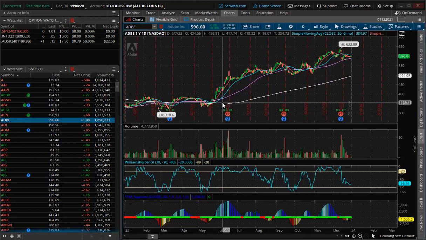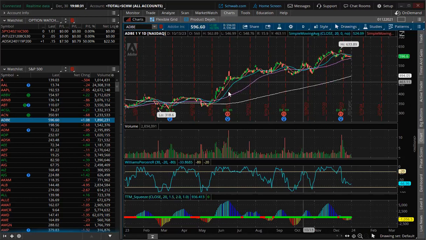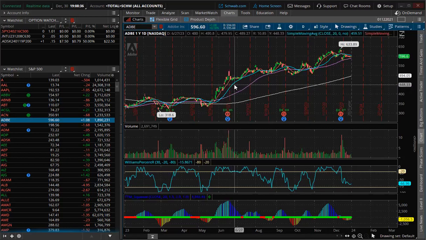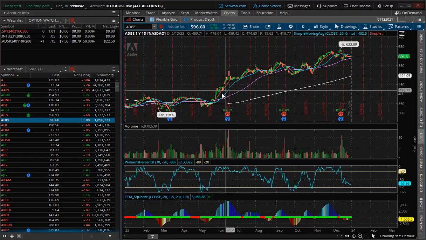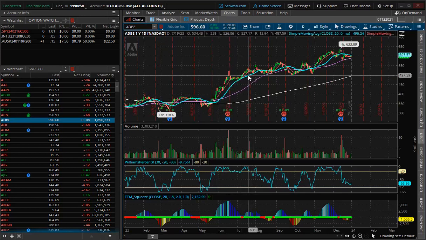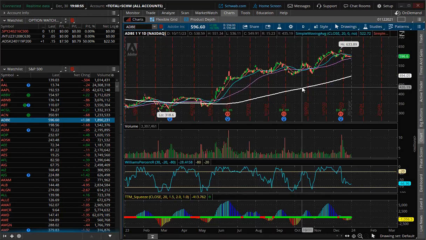Another indication that it is going up is the 200 going in an upward surge. When the 8 and the 20 are going up together, like right in here, that's called a power uptrend. When you add the 200 to it, it becomes a superpower uptrend. And we'll talk about that in the near future.